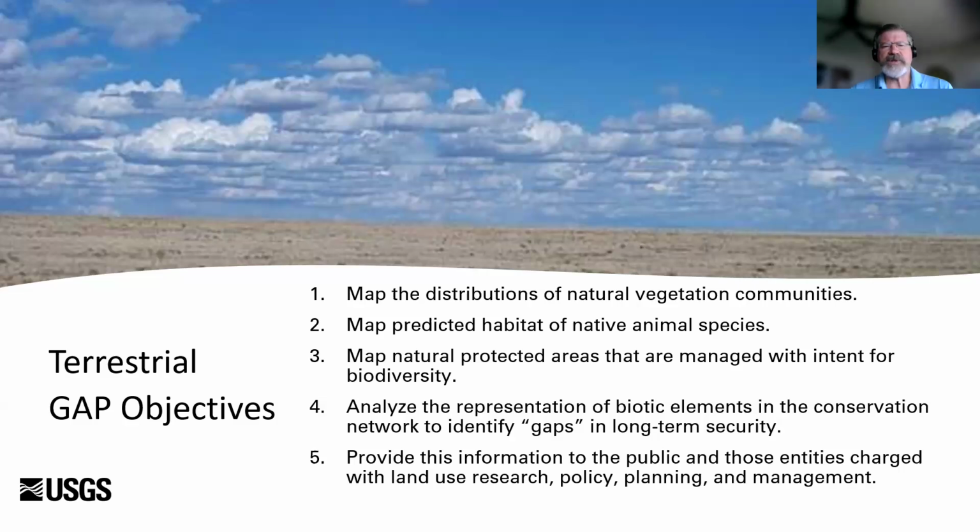The third is to map the natural protected areas that are managed with intent for biodiversity. The fourth is to analyze these. This is a GIS effort, so we analyze these on the computer and can come up with representations and statistics for this information. And the fifth objective has always been to take that data out to the public and get it used in wildlife conservation.